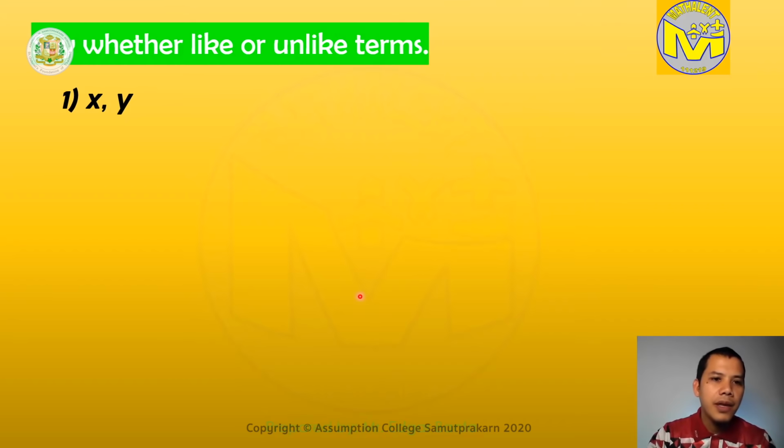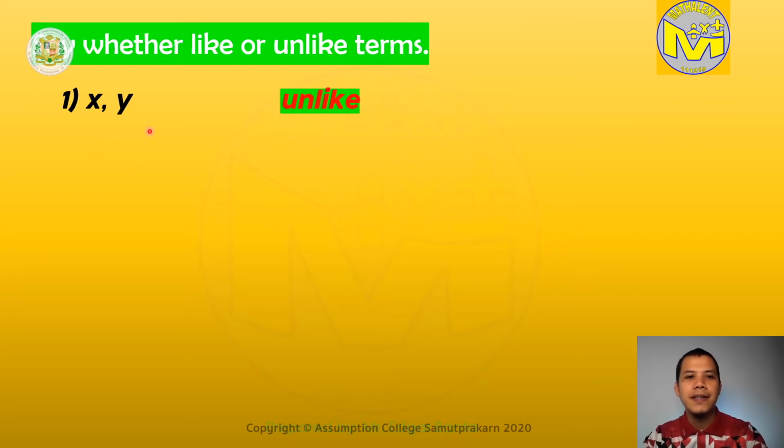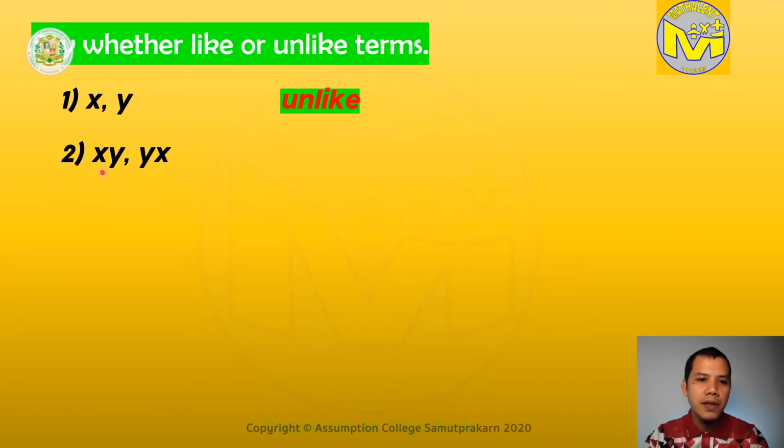This one, X and Y. Like or unlike? They are unlike terms. I have two terms here, XY and YX. What do you think? Are they unlike or like terms?